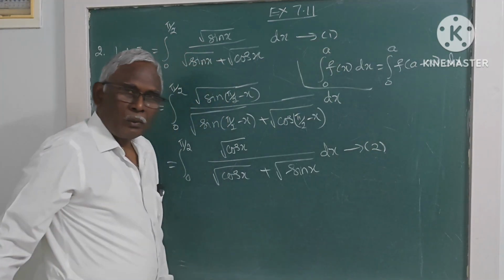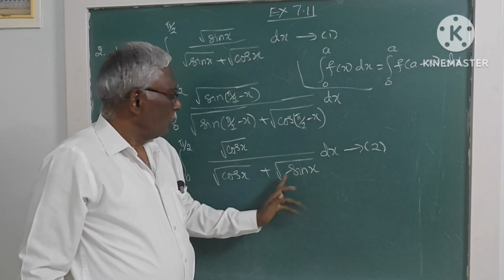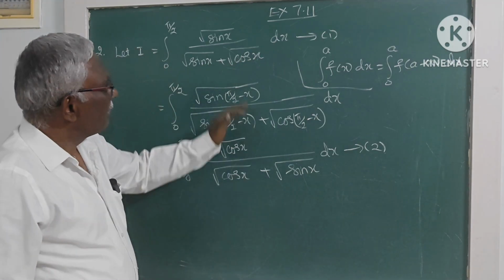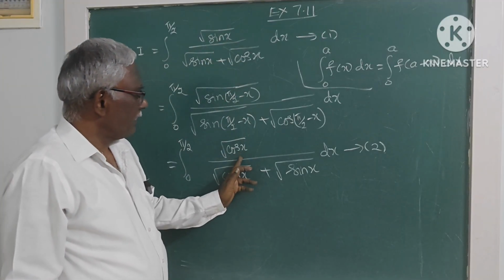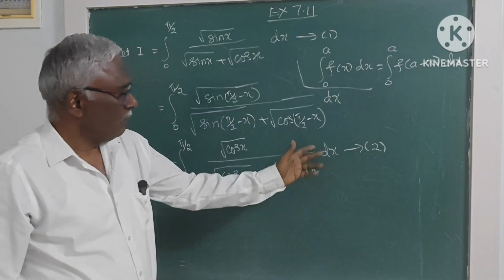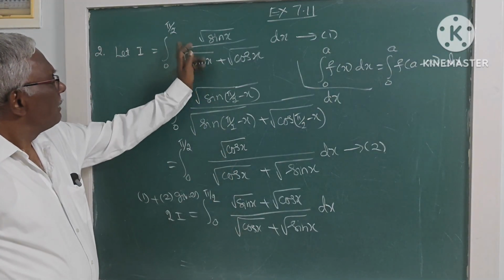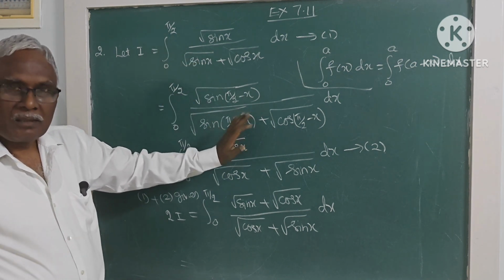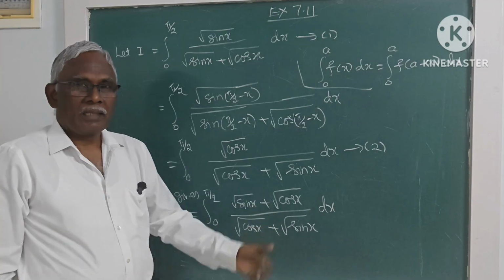Again add 1 and 2. The denominators of equation 1 and 2 are the same. When we add these two, in the numerator root sin x plus root cos x will get cancelled. Again it will reduce to integral 0 to pi by 2 dx. Since the limits of both integrals are the same and the denominators are also the same, we can write like this.